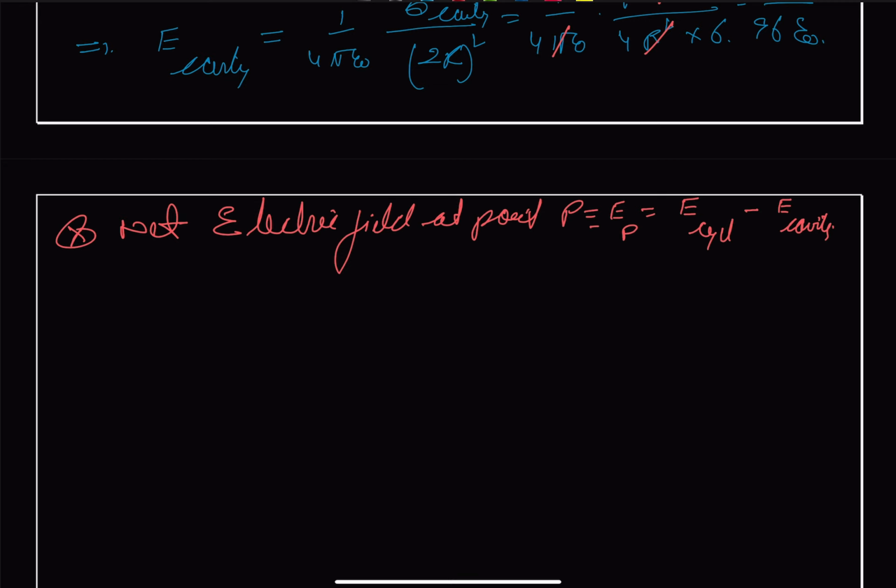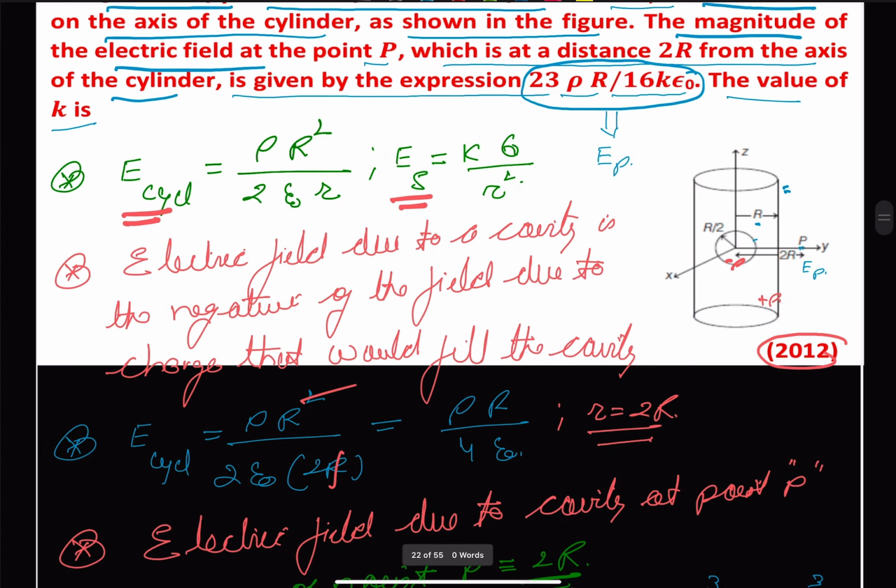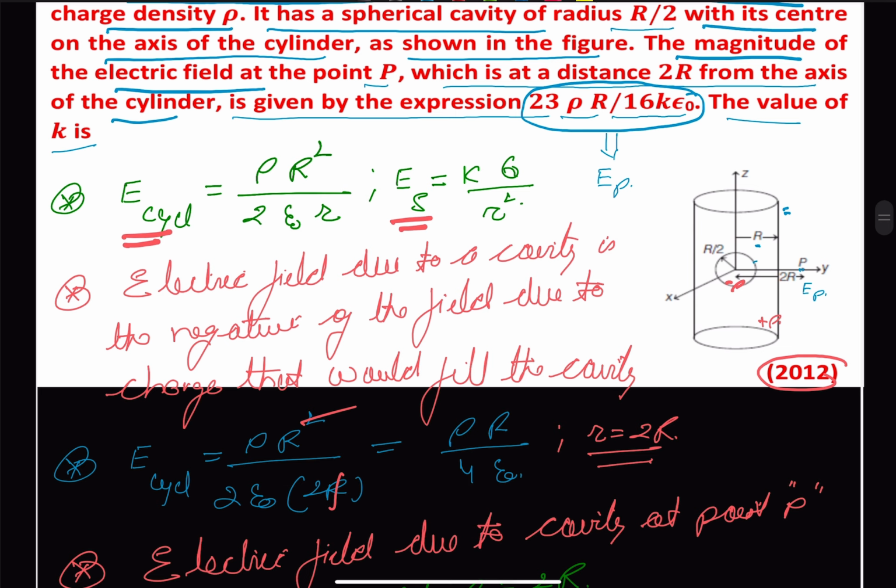We substitute: EP will be rho r upon 4 epsilon naught minus rho r upon 96 epsilon naught. So this gives us 23 rho r upon 96 epsilon naught, and we can compare it with our given, which is 23 rho r upon 16k epsilon naught.